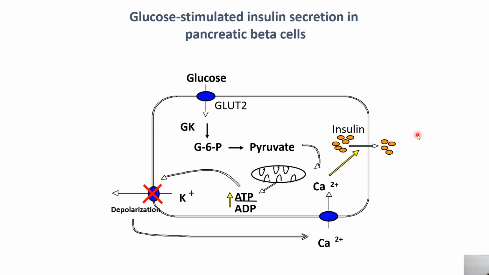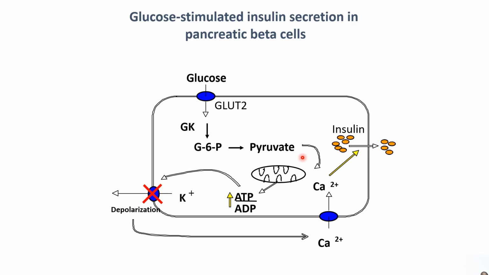Okay. Now glucose stimulated insulin secretion in pancreatic beta cells. You see the glucose is getting inside cells by a GLUT2 transporter. It gets converted to glucose 6 phosphate and then ultimately to pyruvate, right? And for pyruvate, the glycolysis happens in the cytoplasm. Then from there, if aerobic condition is available, it will go inside the mitochondria, and finally the Krebs cycle or oxidative phosphorylation will happen, and all of that.